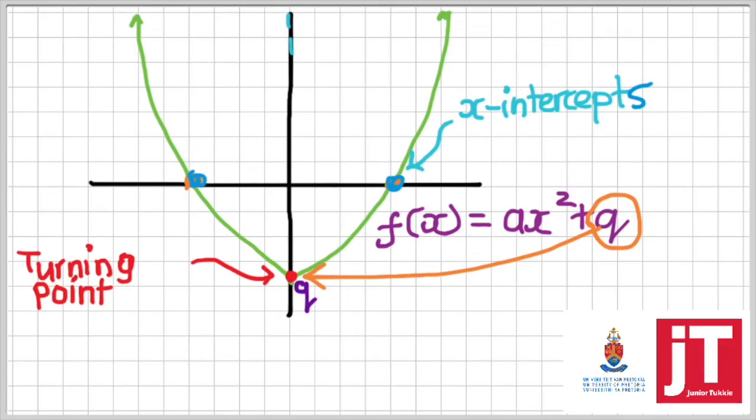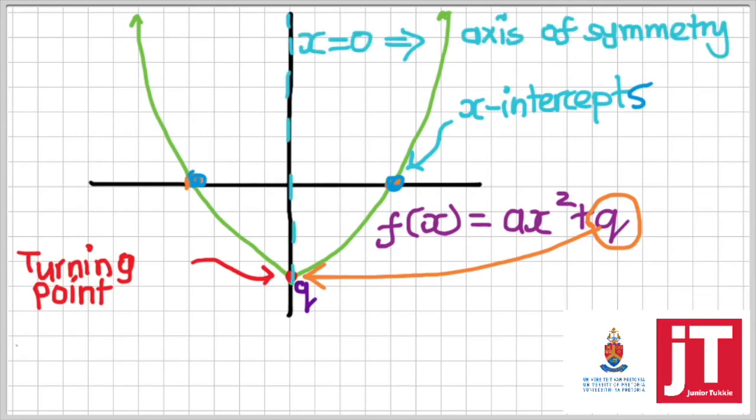We move on to another concept, which is the axis of symmetry, which is represented by a broken line. And in this specific context, our axis of symmetry is given by the equation x is equal to 0. Where is the 0 coming from, one might wonder. The 0 happens to be the x coordinate of your turning point.